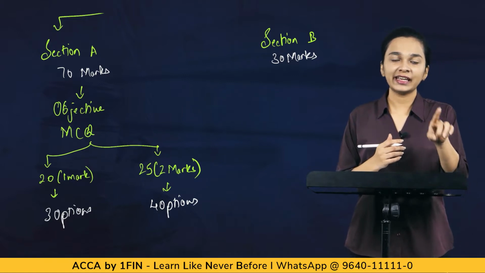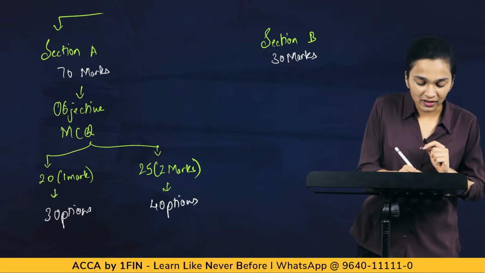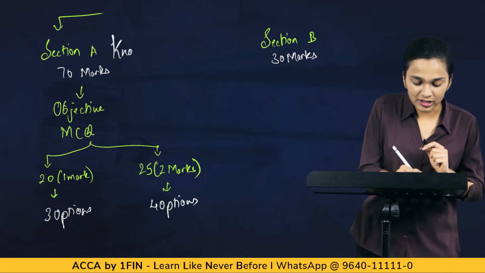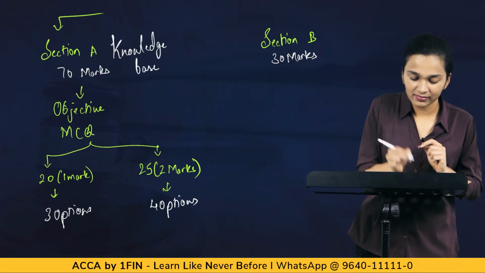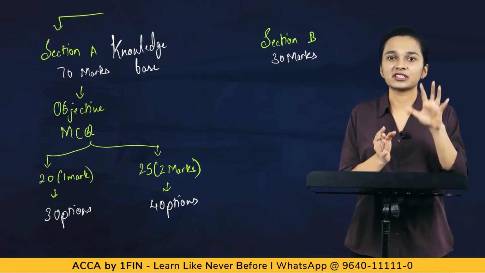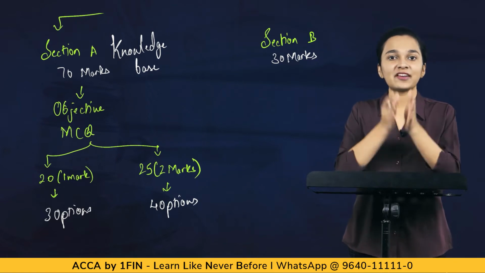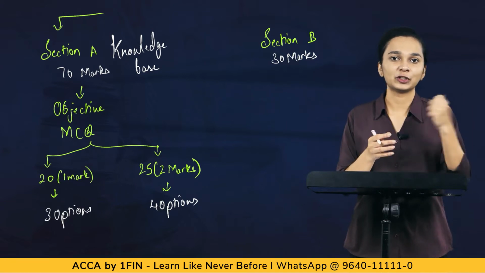So section A is a completely objective type. It is a section based on knowledge, wherein your knowledge about different laws will be tested. It is MCQ based, 70 marks, 20 questions of 1 mark and 25 questions of 2 marks.